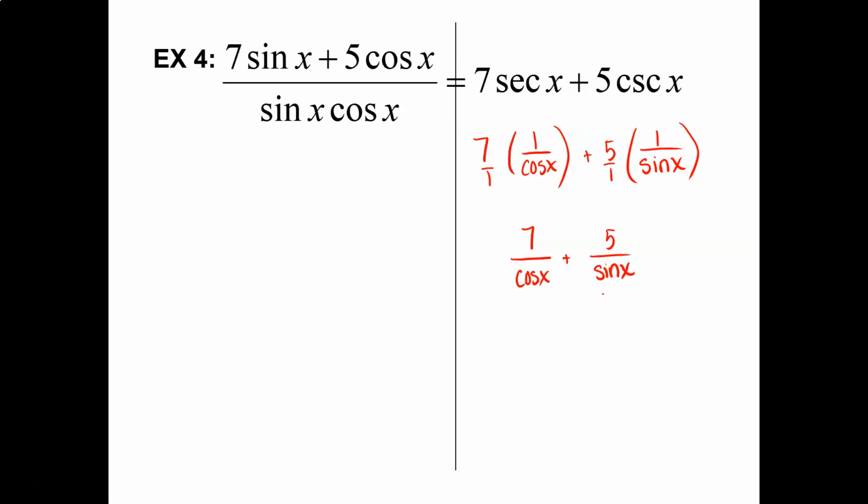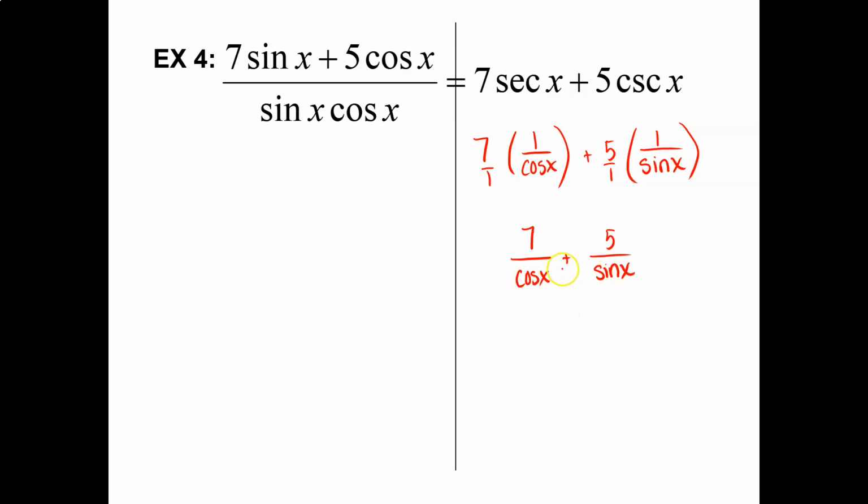And as you're working, you want to be looking over at your other side. Like, oh, I got a 7 here, a 5 here. So that's good, and I've got sines and cosines now, but this is 2 separate fractions, whereas these are put together, right? So what we want to do here is get common denominators. This we did a lot with when we were solving rational equations.